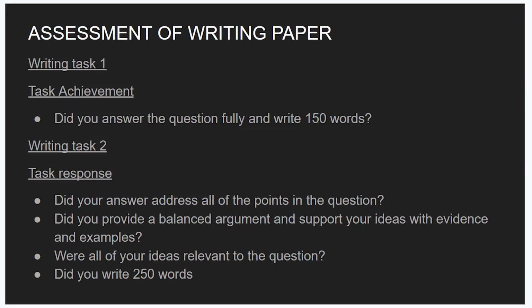If you are able to answer the question with 150 words, then it moves to task accomplishment. So that refers to the success of task achievement. But in writing task 2, they look more into task response.